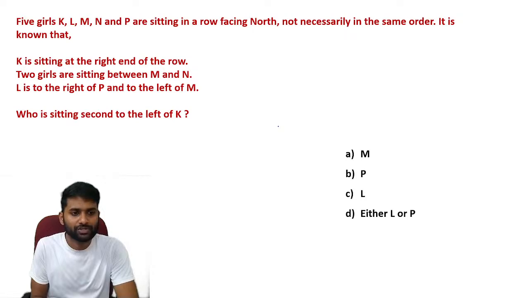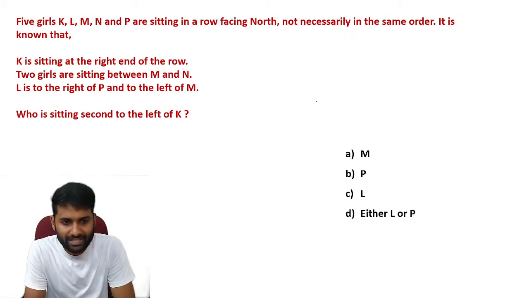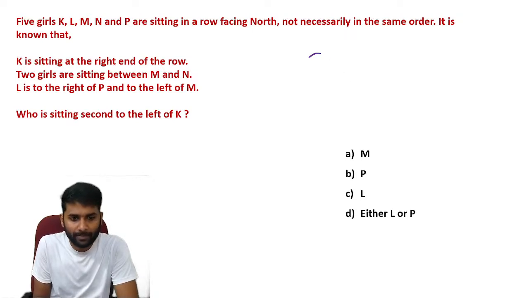Now let's see this information. In total, we have five girls. We have to arrange them in a row, all facing north. We have five people, five positions.